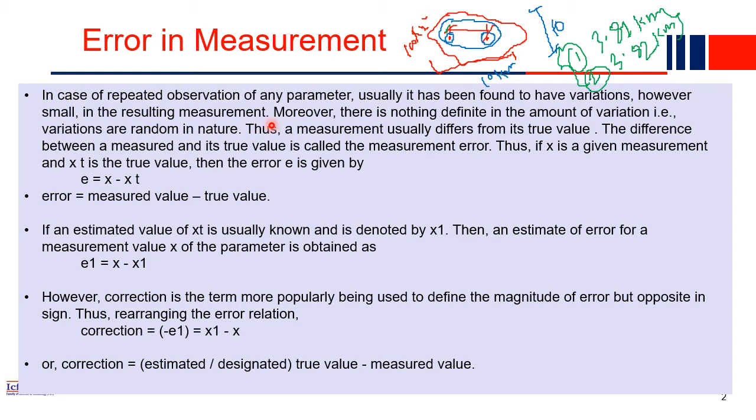Moreover, there is nothing definite in the amount of variation, so you cannot say that every time you measure the length, the variation will be constant. The variation also changes; it is a random variation, meaning 3.81, then next will be 3.82, next will be 3.83 or 3.85.